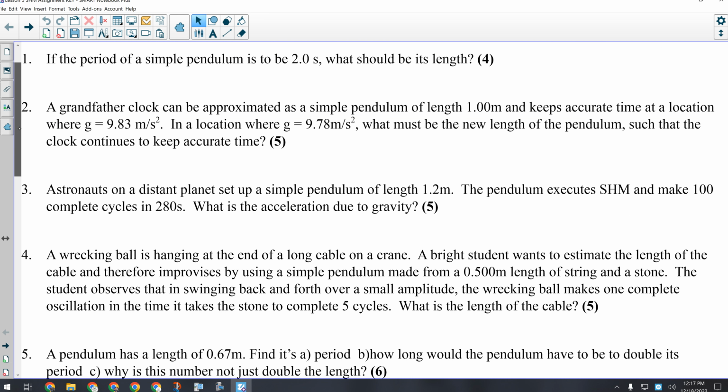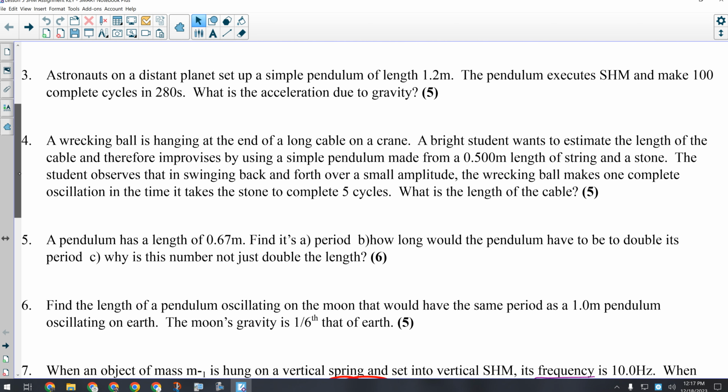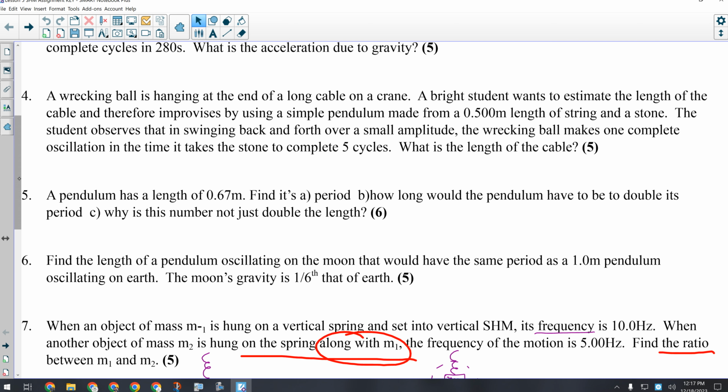Number 4 is about a wrecking ball and a small pendulum. A bright student wants to estimate the length of the cable on the wrecking ball. So he takes a small pendulum and sees that it makes 5 complete oscillations in the time it takes the large pendulum to make 1 complete oscillation.